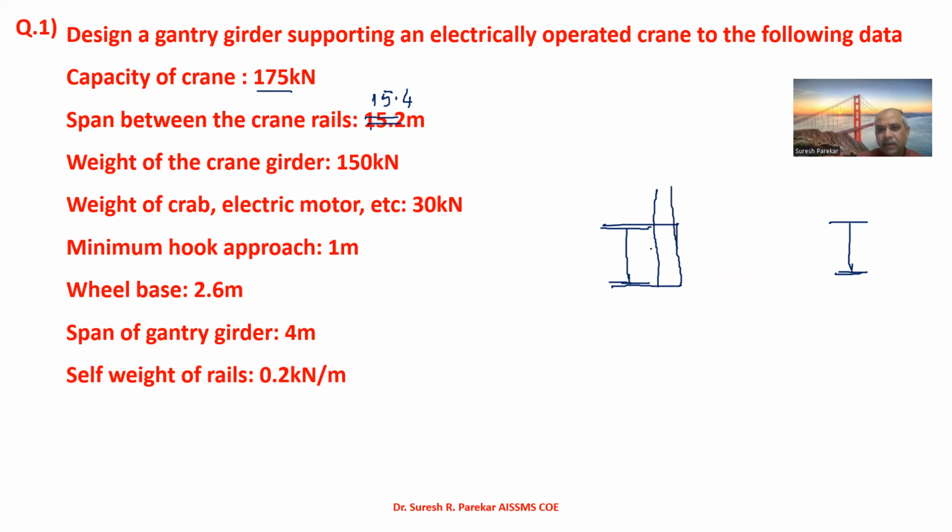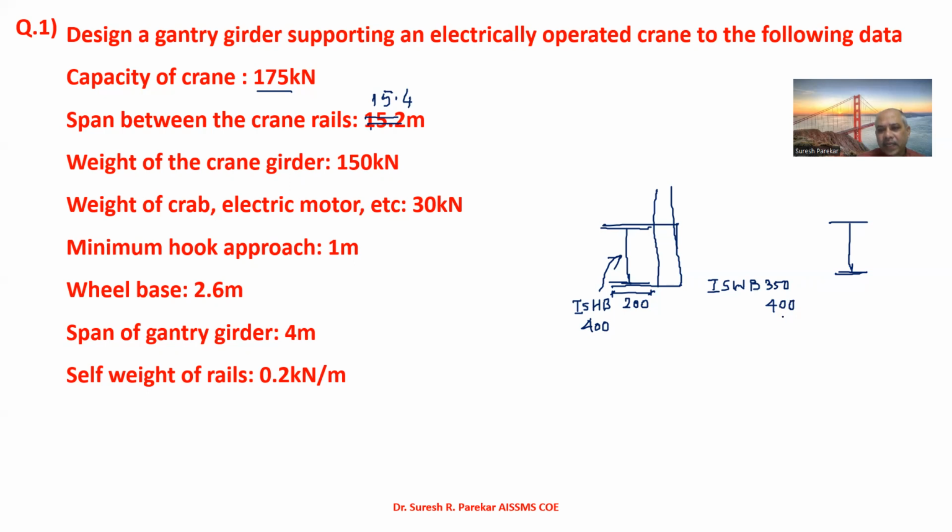Now we have ISHB 300, 350, or we may require 400, and the flange width is generally 200. For the gantry girder, we are using ISWB again 350, 400.